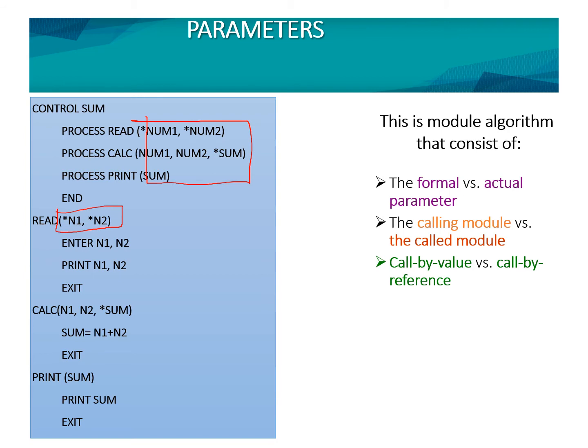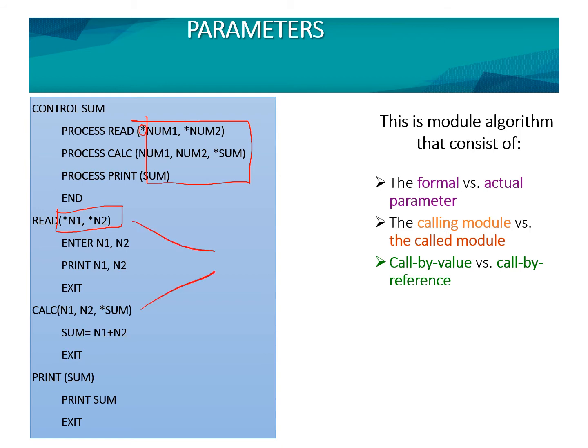In the actual parameter, we have call by value and call by reference. Call by reference uses the star, and call by value is the name of the variable itself.